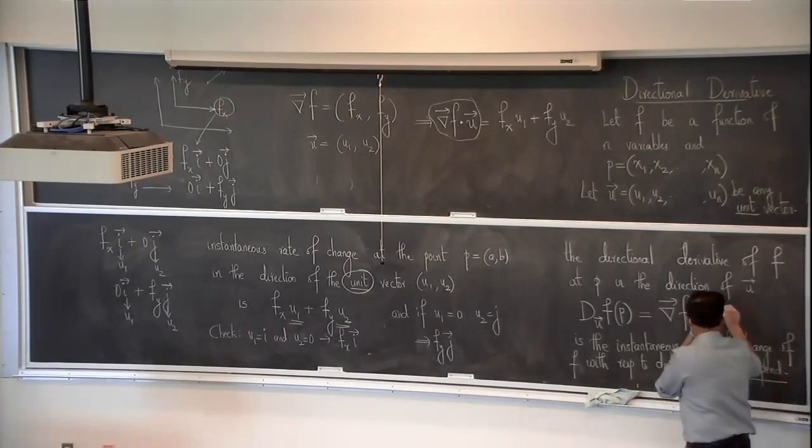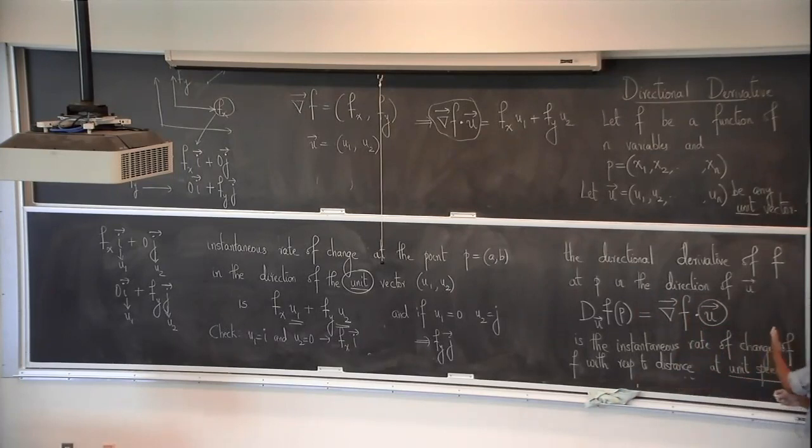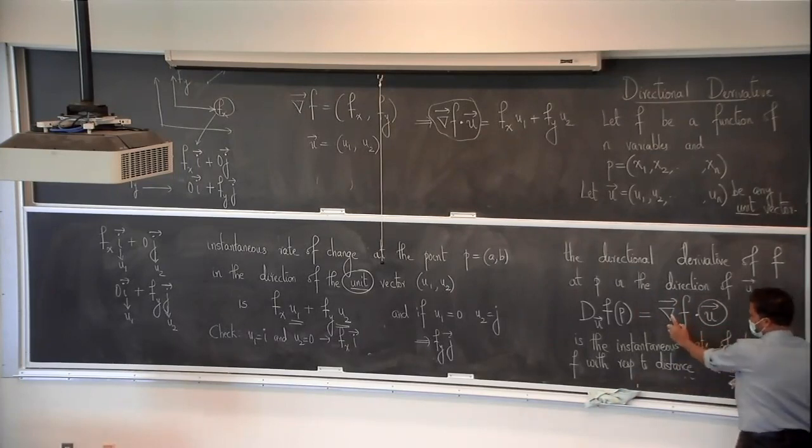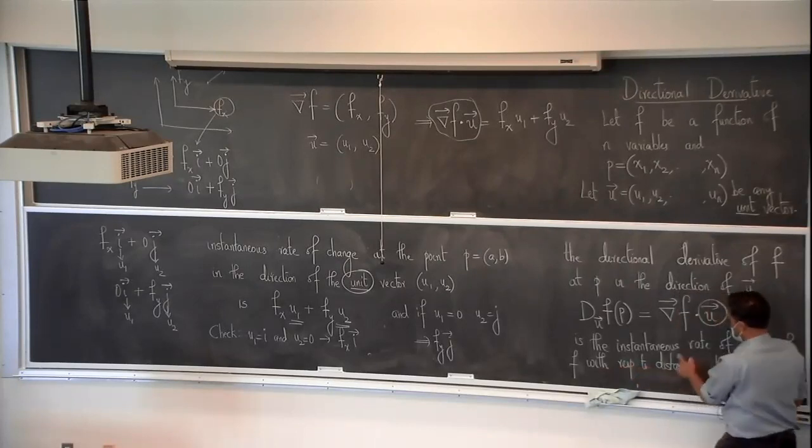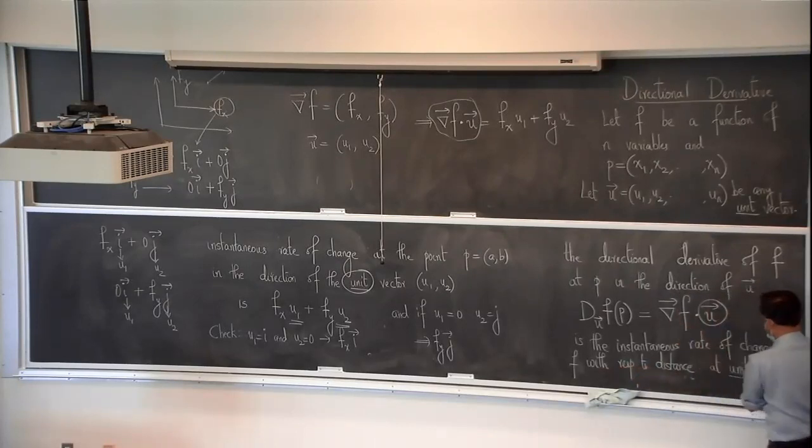That unit speed is what is given here. It shouldn't matter how fast you're moving. Remember that the components of the gradient are partial derivatives with respect to x, y, z, and so on, right? So it's the rate of change of f with respect to distance, because that's the gradient, moving at unit speed.